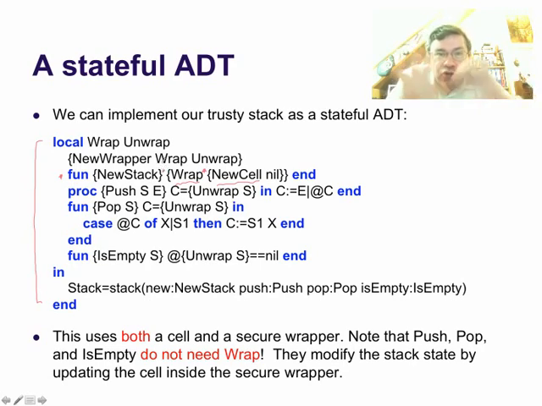So we have a securely wrapped cell, a securely wrapped stateful thing. Now, if we do an operation, for example a push, we will call unwrap to get access to the cell, and then we will do an operation on the cell. But we will not use wrap. Notice that push, pop, and is empty do not need wrap. They only need unwrap to look at the cell that's inside, and only new stack uses wrap. So you see, it's actually quite different from the usual abstract data type.